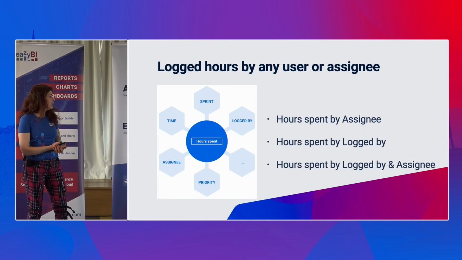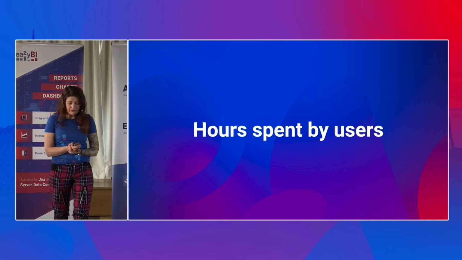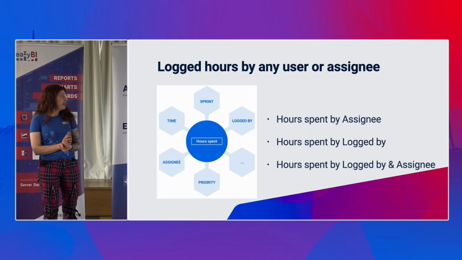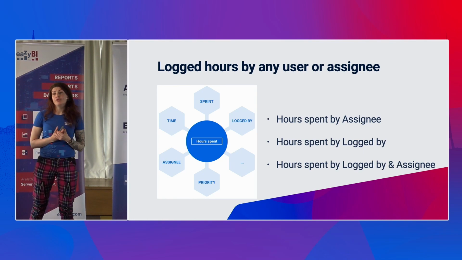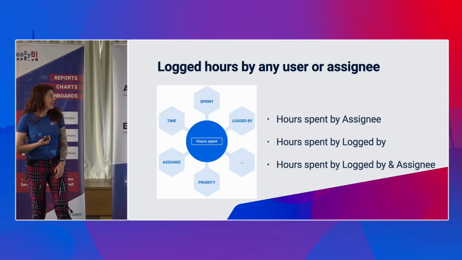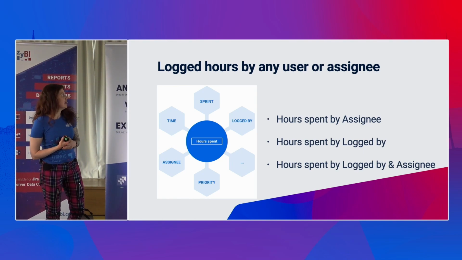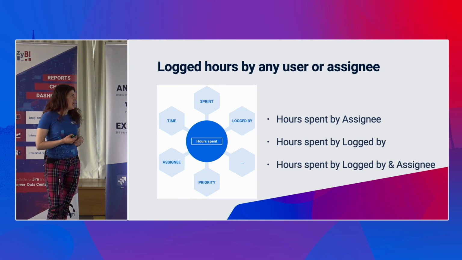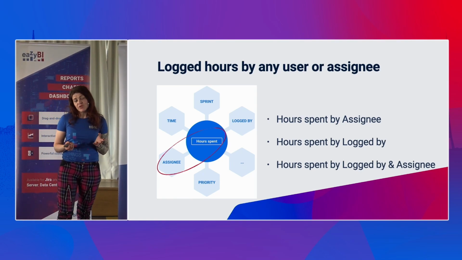The first use case is hours spent by users. So in eazyBI, we have the metric hours spent, and it could be analyzed from different viewpoints. We will go to the user dimension where the same person is represented in different roles. And if we analyze hours spent by assignee, we would get one result.